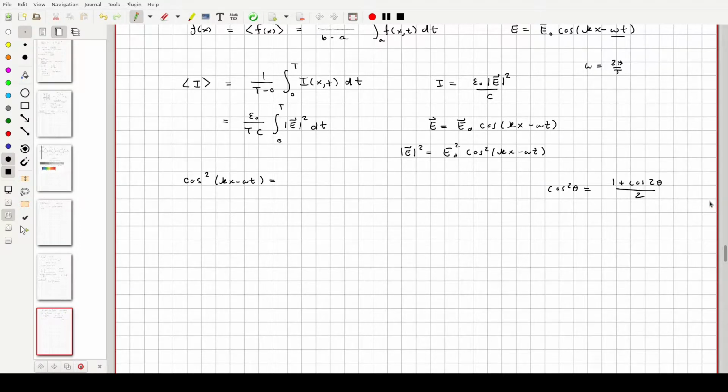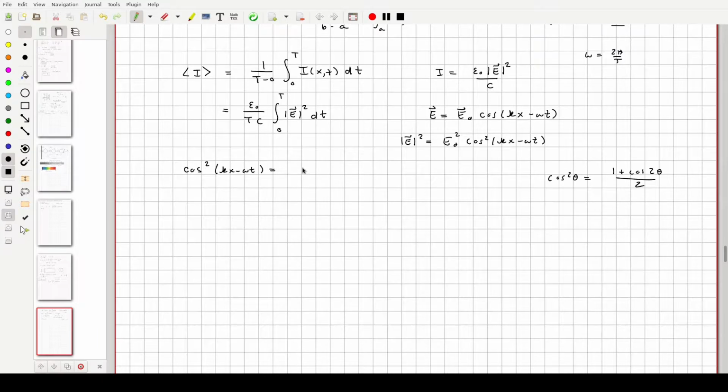That one right there. And so this is the same thing as 1 plus cosine of 2 times kx minus omega t, divided by 2.